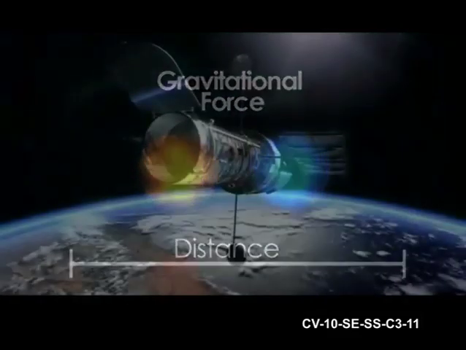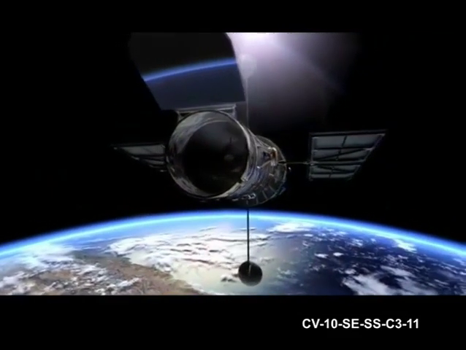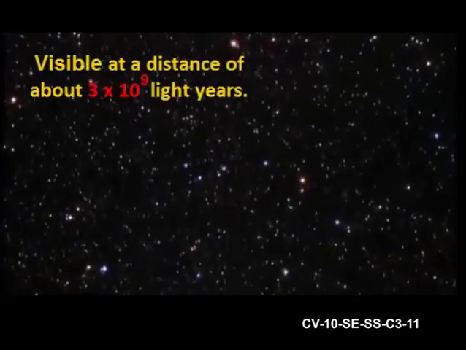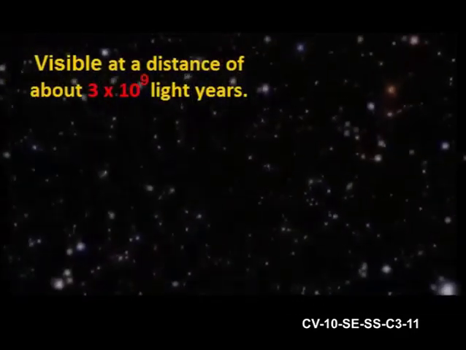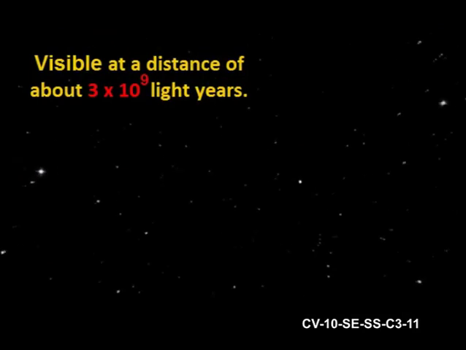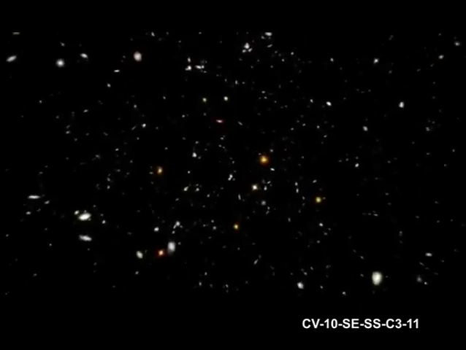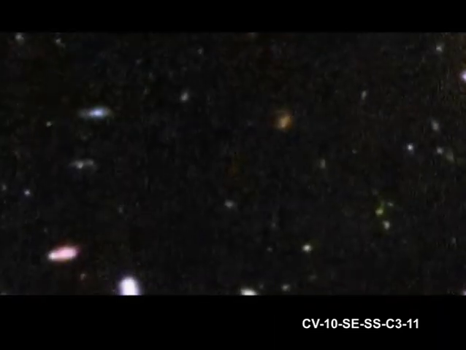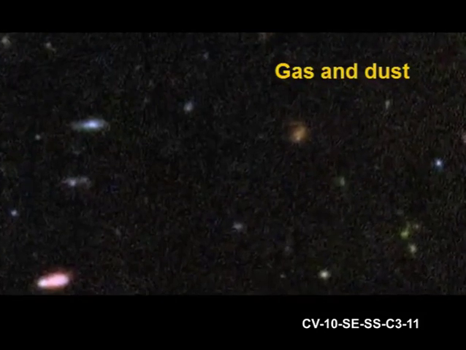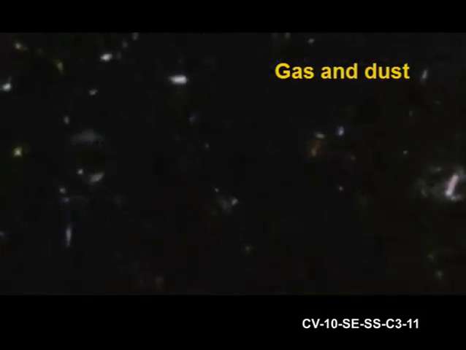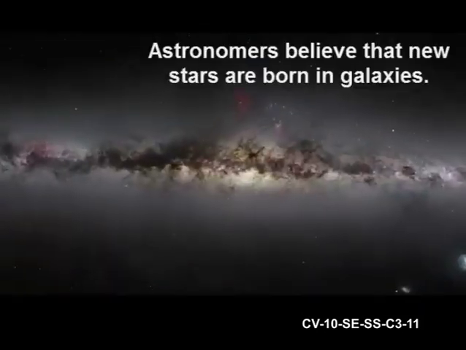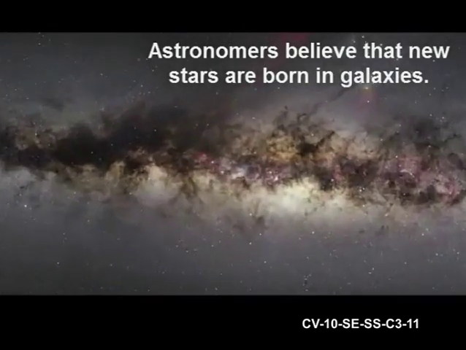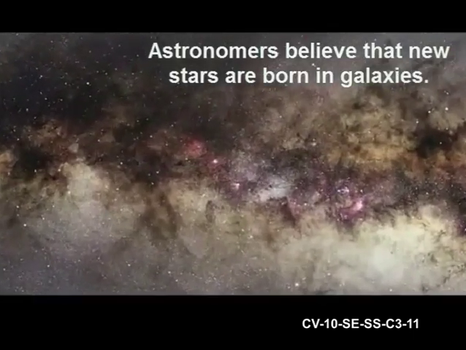Farthest galaxies visible with the optical telescopes are at a distance of about 3 into 10 to the power of 9 light years. These groups not only consist of stars but also gas and dust that orbit around the center. Astronomers believe that the new stars are born in these galaxies.